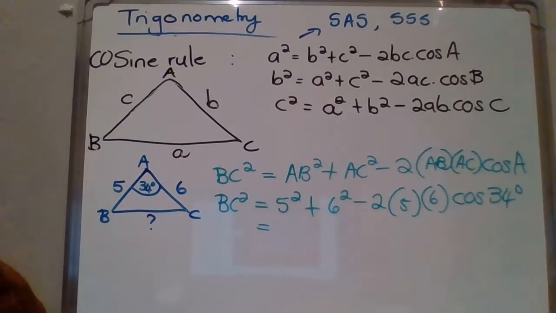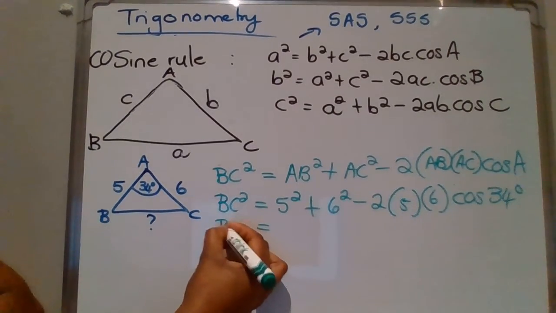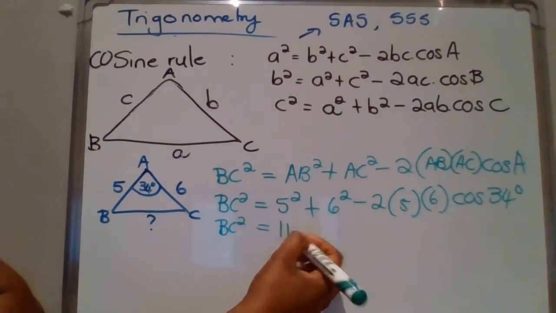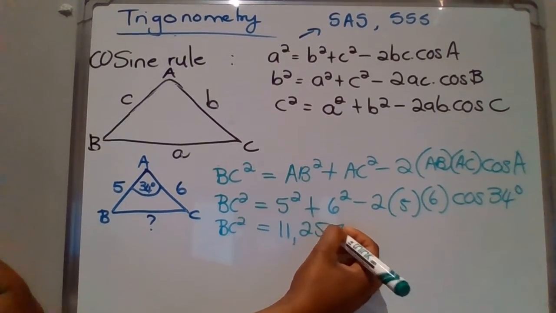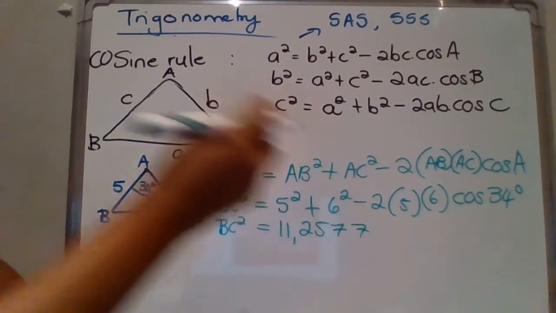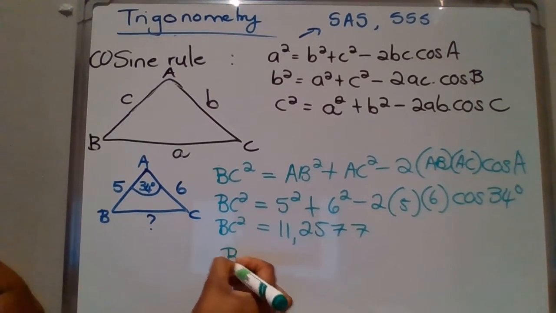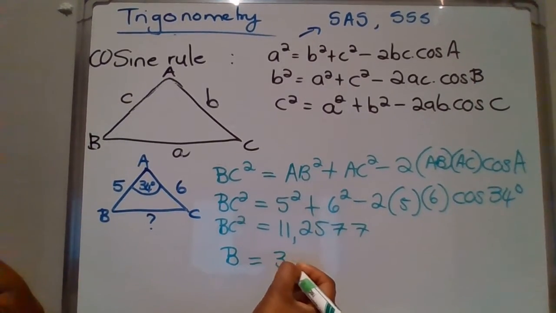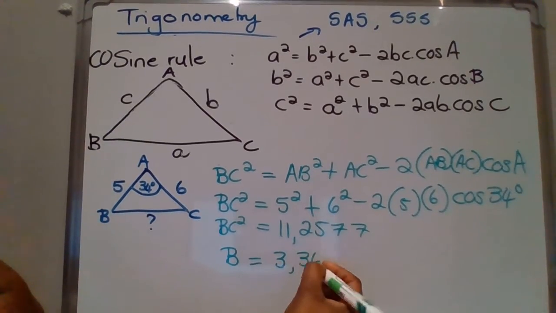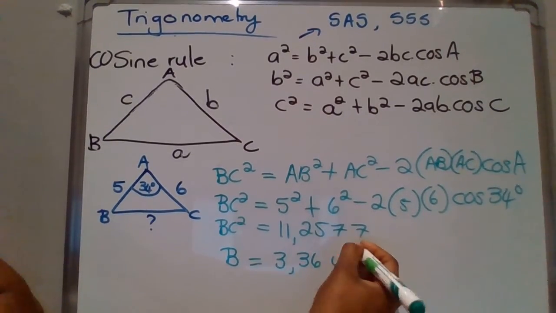So when I put that in my calculator, I get BC squared is equal to 11.2577. Now I square root both sides, and then I have that BC is equal to 3.36 units.